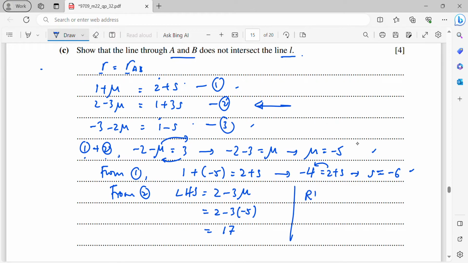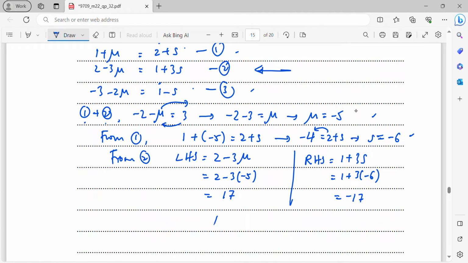Then the right hand side is going to be 1 plus 3s. So it will be 1 plus 3 times minus 6. Here 3 times minus 6 is minus 18. Minus 18 plus 1 is minus 17. So obviously they are not the same. So the left hand side is different from the right hand side. Therefore, both lines are not intersecting.